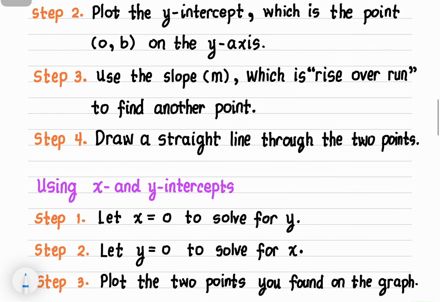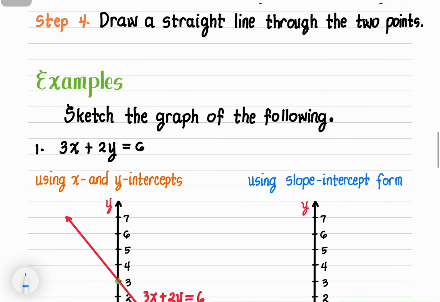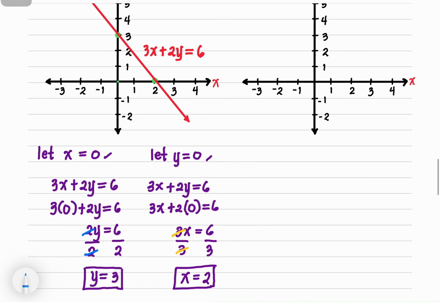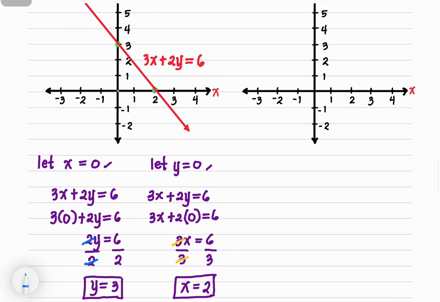Hindi pa siya naka-express, right? Into y form or slope-intercept form. So, i-express natin yon. We have 3x plus 2y equals 6. So, i-change natin sa y equals mx plus b, as clearly stated sa ating step number 1.